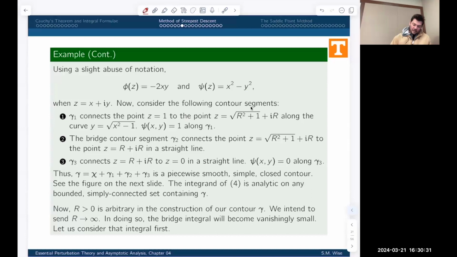Okay, well, if we connect to that point, psi equals 0, we have a bunch of choices because this guy's going to cross like this. Okay.